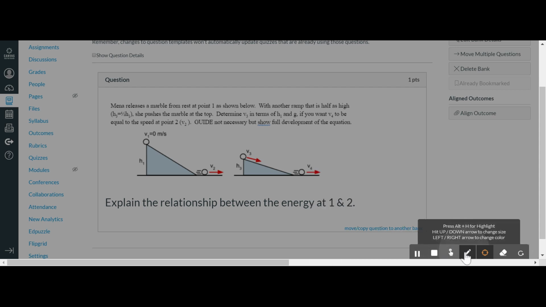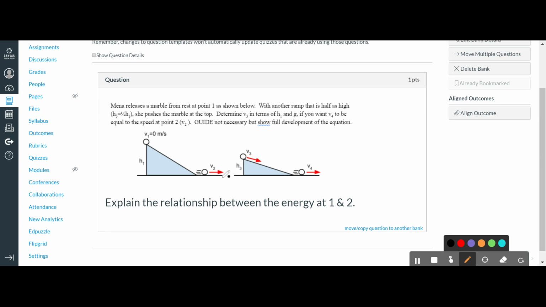So we're going to write some things now. Here at 1, we have GPE. Look at that P. You're jealous how good I am with this marker. All right, so this is going to be GPE.